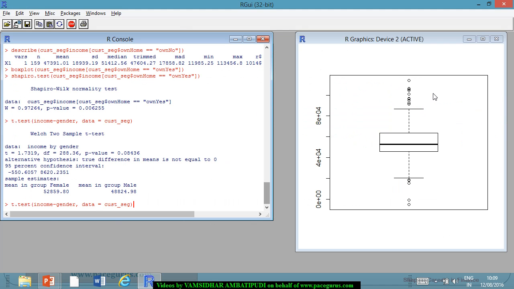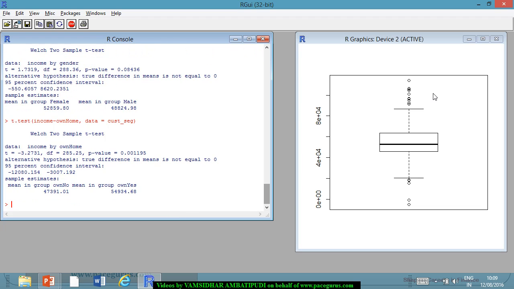The same thing, but instead of looking at gender, I want to look at own home. For people who own a home versus people who don't own a home, is there any difference in the income levels? Here the p-value is 0.001, which is less than 0.05. So my decision is in favor of the alternate hypothesis, saying that there is a difference in the income levels between people who own a home and who don't.